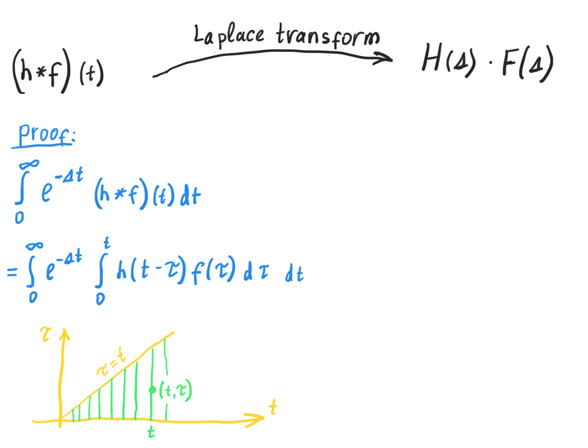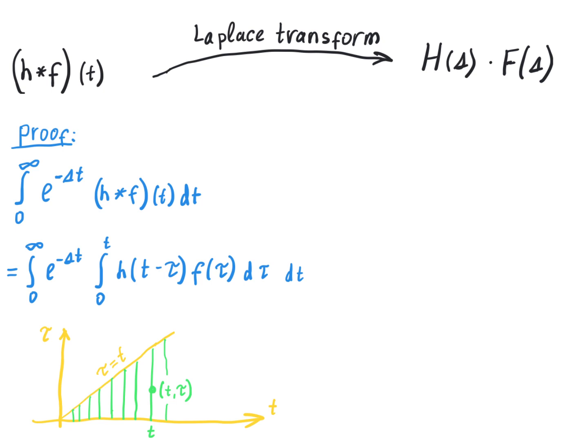So let's write the Laplace transform of the convolution function. We have the Laplace transform integral, and the convolution function inside is given by the convolution integral. Now you see we have an integral with respect to t and an integral with respect to tau.